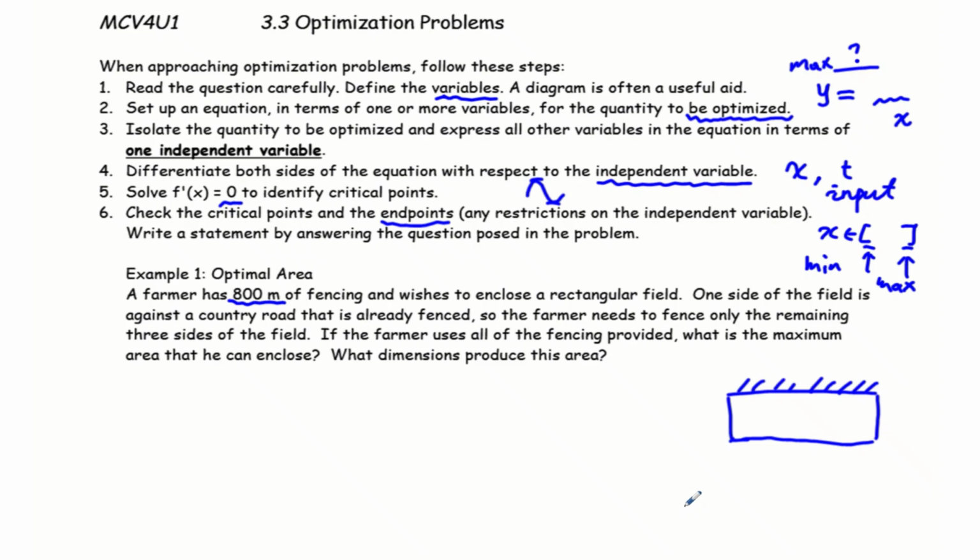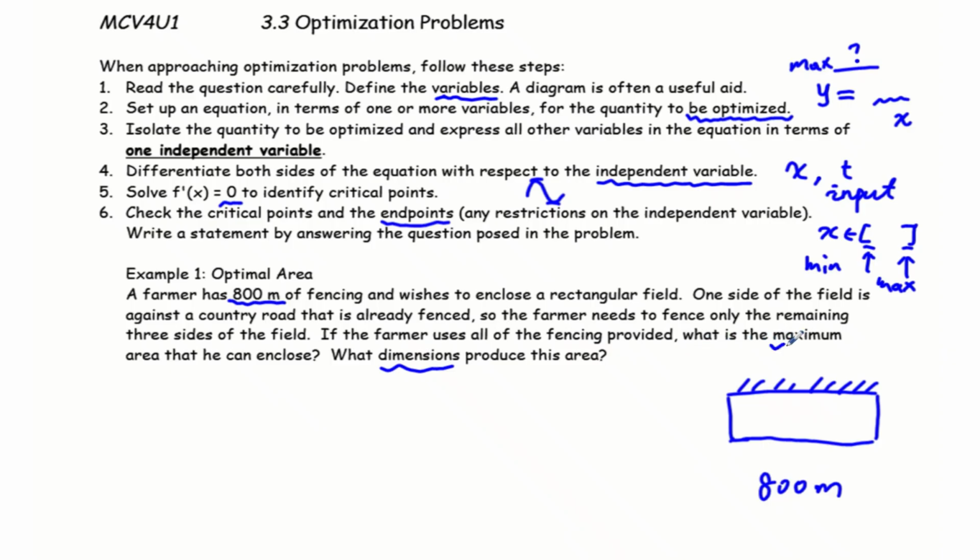If the farmer uses all of the fencing provided, so altogether it's 800 meters of fencing, what's the maximum area for this rectangular field, and what dimensions produce that area?